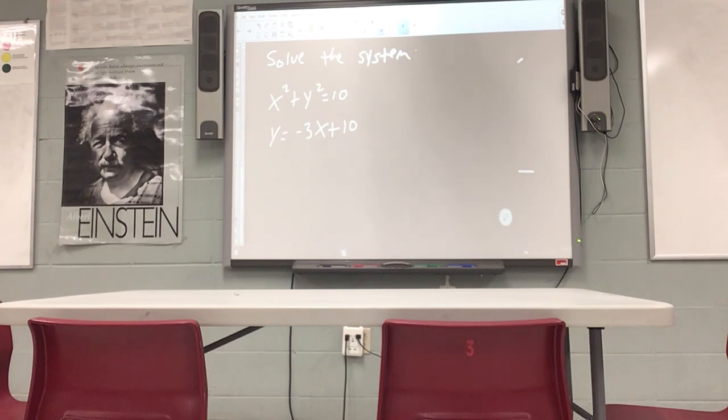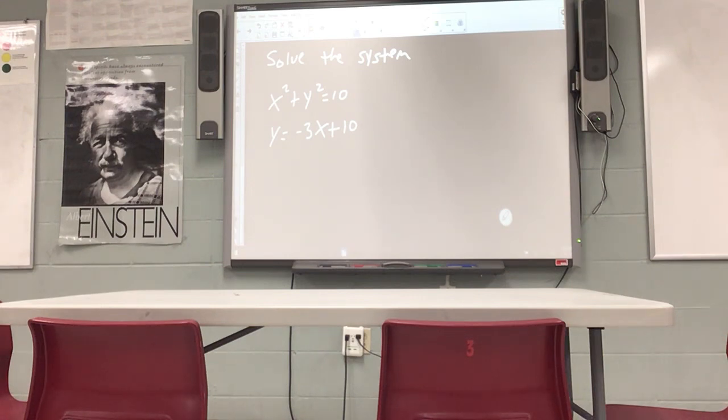Now, when we solve systems of equations in Algebra 1, when it was those two linear things, the methods that were covered were graphing, substitution, and elimination. We're not going to do graphing just because that's the least accurate, because it could fall two-thirds of the way between two points and you won't be able to tell on your paper. So we're either going to do substitution or elimination, whichever one it's ready for.